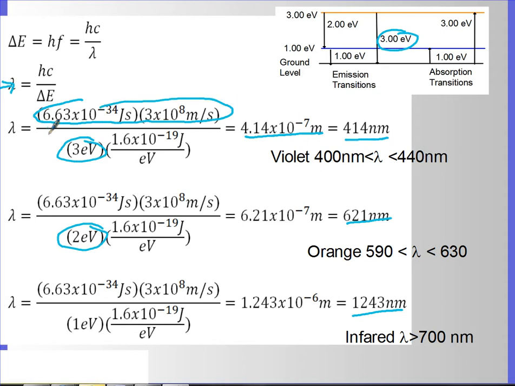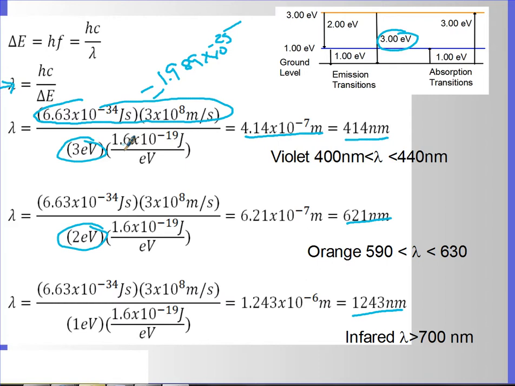As a matter of fact, in my AP class, they actually have this on the chart as they've gone on and multiplied out 6.63 times 10 to the negative 34 times 3 times 10 to the 8th, and it's 1.989 times 10 to the negative 25. So you can go on and do this. As a matter of fact, for this problem right here, you could go on and divide by the 1.6 times 10 to the negative 19.